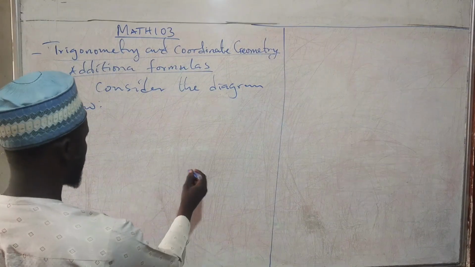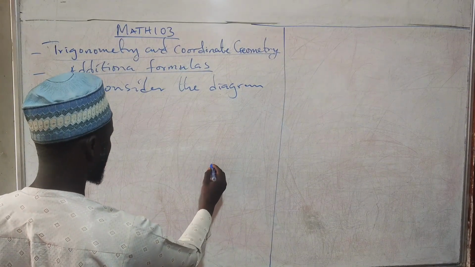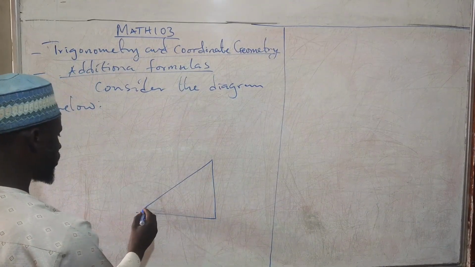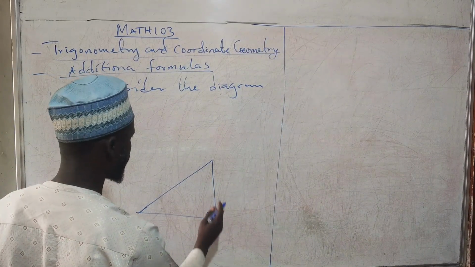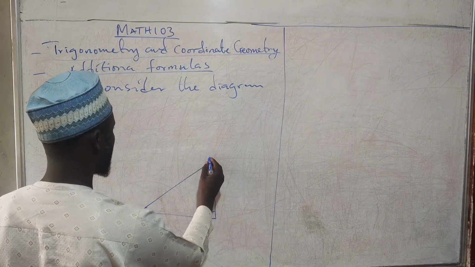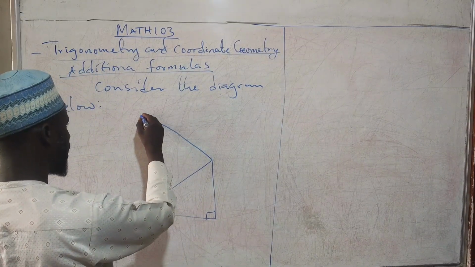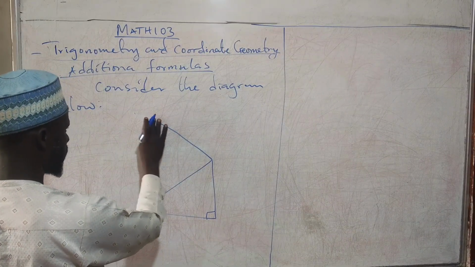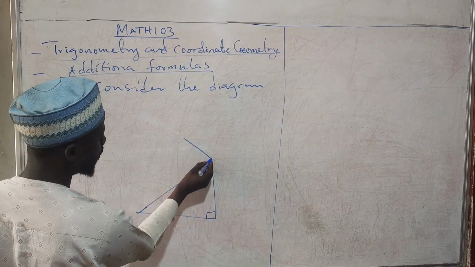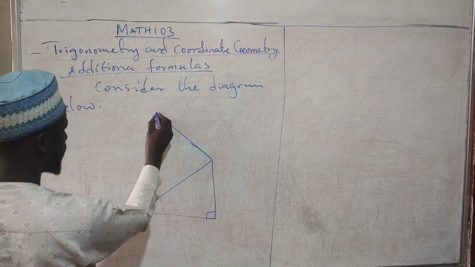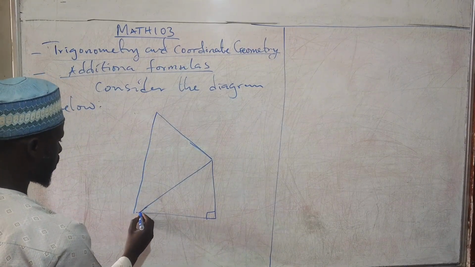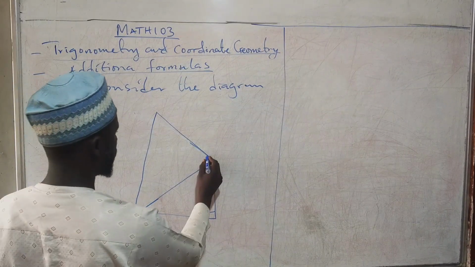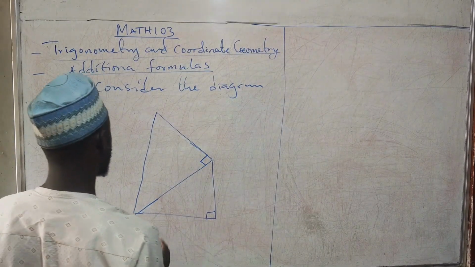So let's draw the diagram. We have a right angle triangle. We have another right angle triangle. Okay, we have another right angle triangle. So here is a right angle triangle.